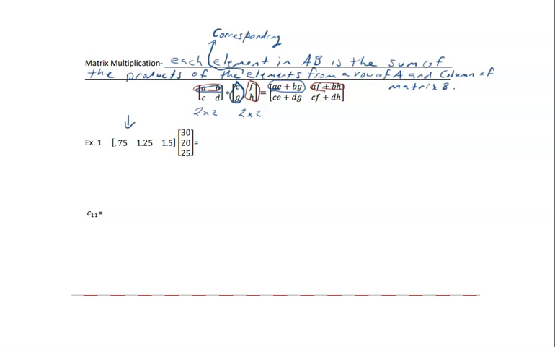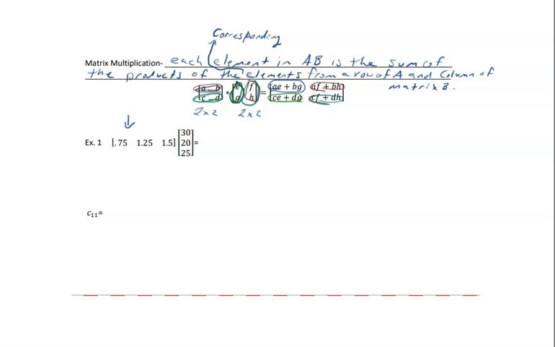So A times F plus B times H. If we wanted this element, it is the second row times the first column. And lastly, this one is C times F plus D times H.